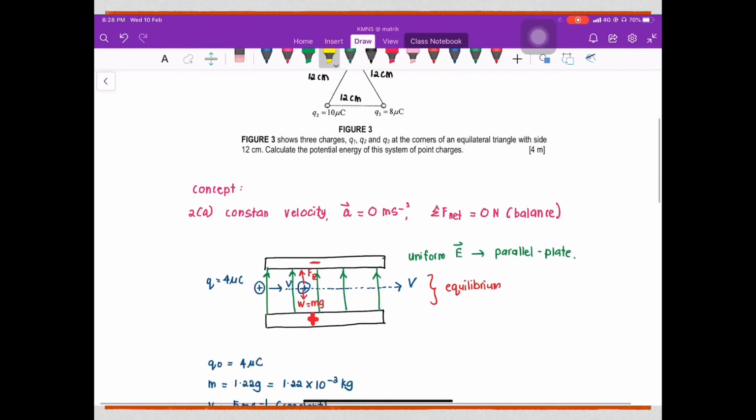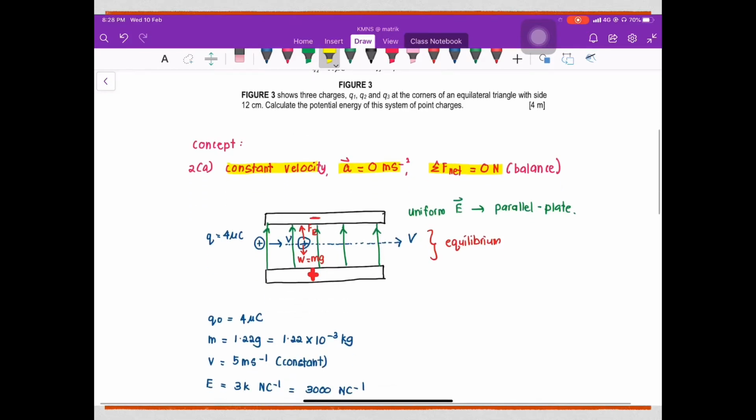First, refer to the concept. Constant velocity, acceleration 0, therefore the net force on the charge is 0. By using this diagram, we can see this particle traveling like this, horizontally.